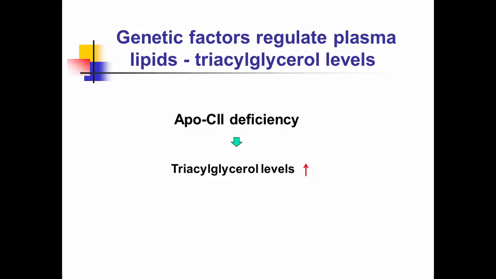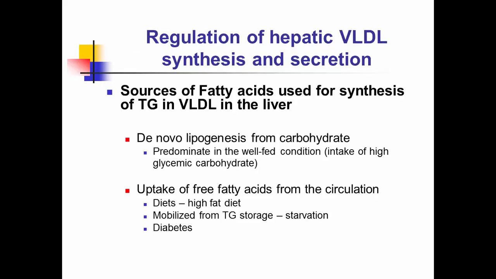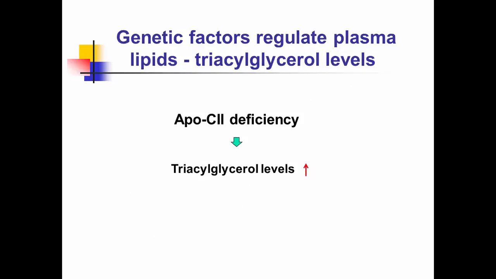ApoC2 deficient patients usually have high levels of triglyceride, chylomicron, and VLDL. We're going to talk about ApoE deficiency later, because ApoE is more involved in cholesterol metabolism. For triglyceride metabolism, ApoC2 is a good example.